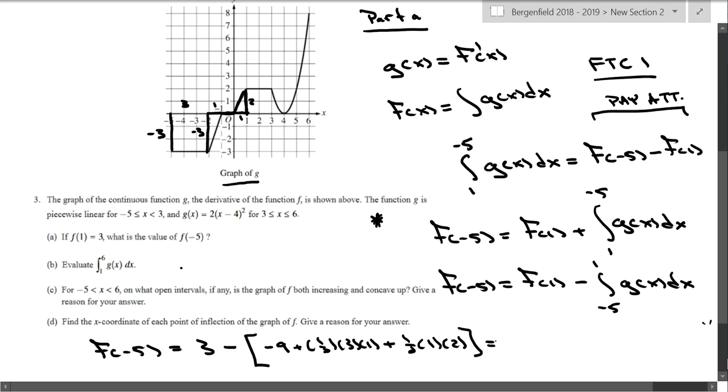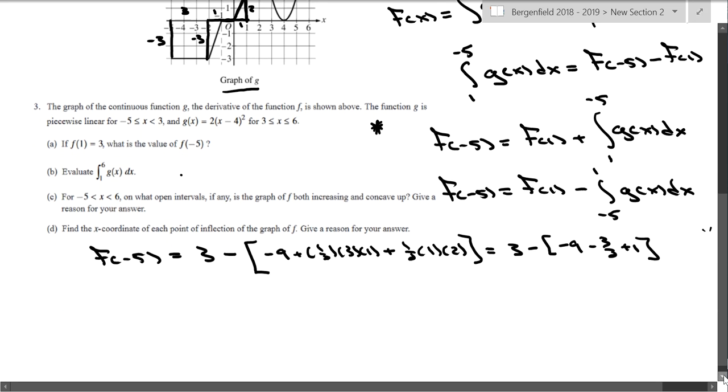All right, let's see if we can clean this up. That's 3 minus, anything good we can get out of there? Looks like -9 plus 3 halves plus 1. And you just have to add some fractions here, I guess.